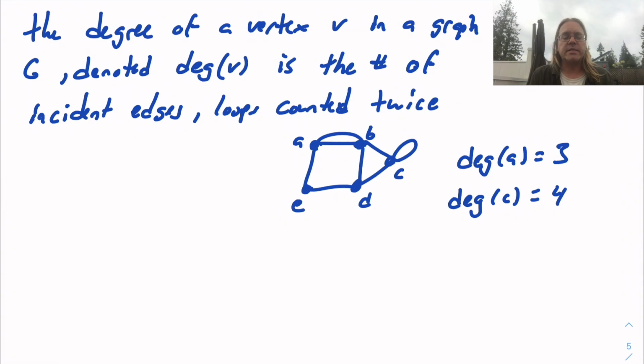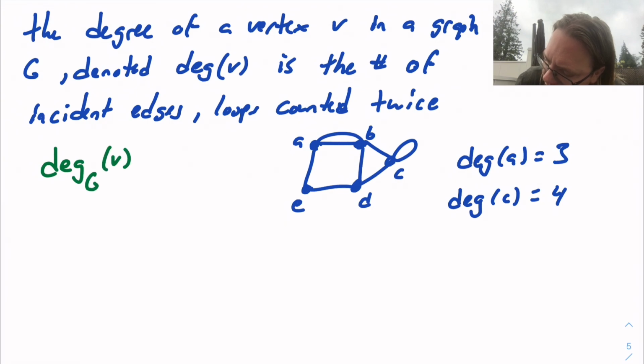In that case, it may be ambiguous to say the degree of the vertex, right? If that's a vertex of more than one graph, then you need to know which one you're talking about. So we're going to use degree sub G of V if the graph G is not clear from context.